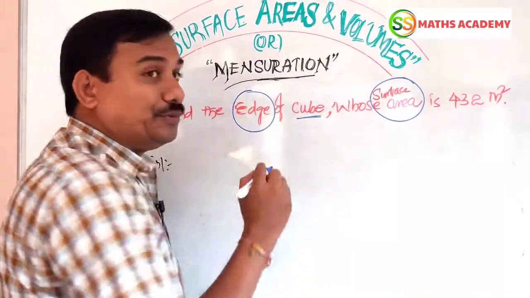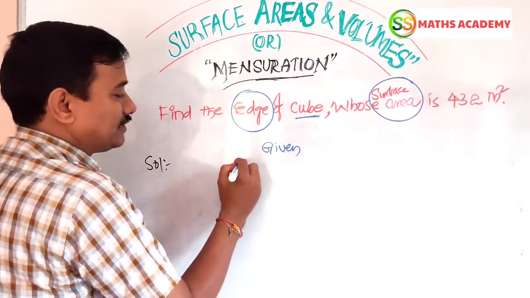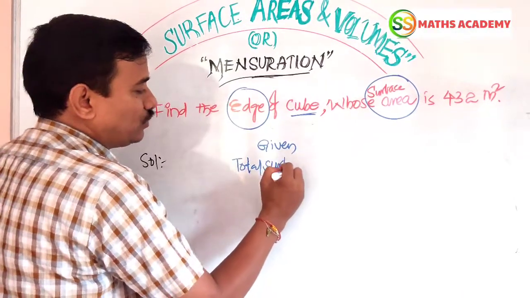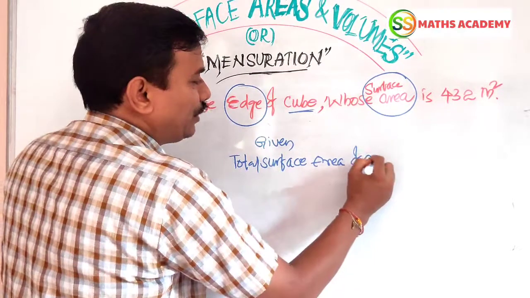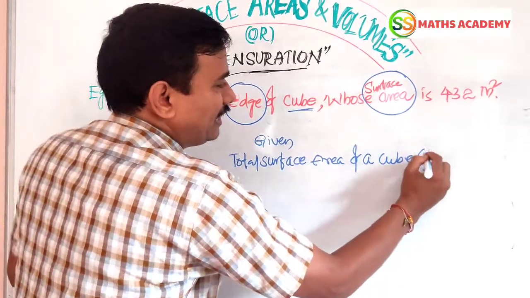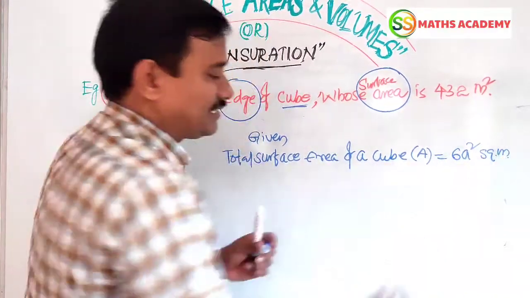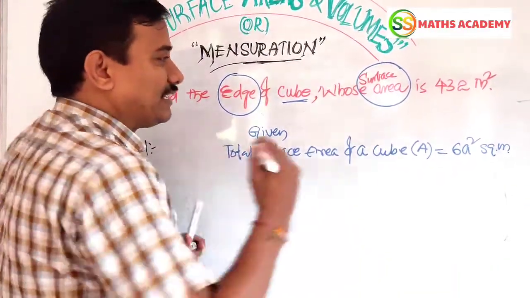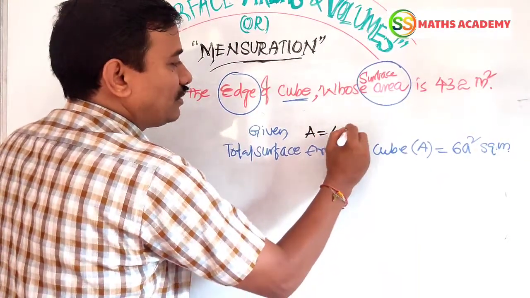This is a cube. So the total surface area of a cube, capital A, equals 6a square meters. Now what is given? A is given, the surface area value 432 meters square.